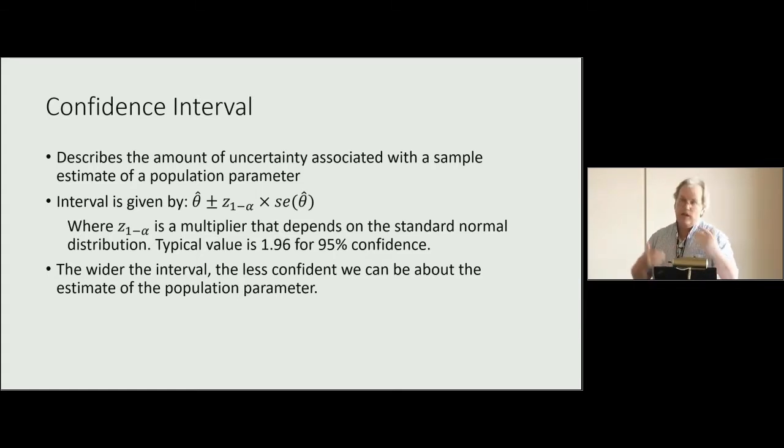The standard error of the mean, for example, right? Or the standard error of our differences in means, or the standard error of a relative risk. And the multiplier depends on the standard normal distribution. The typical value is 1.96 for a 95% confidence interval. So when you're reading articles, when they present intervals, it's usually the 95%, right? So the wider the interval, the less confident we can be about the estimate of the population parameter.